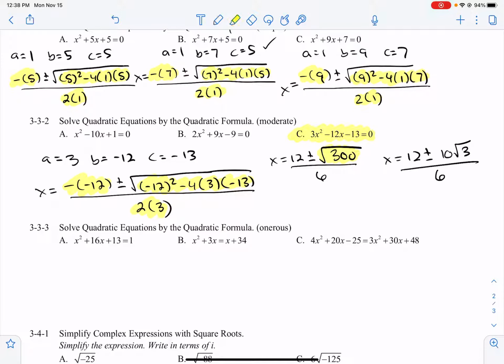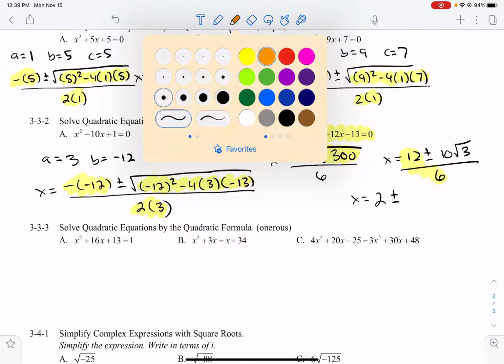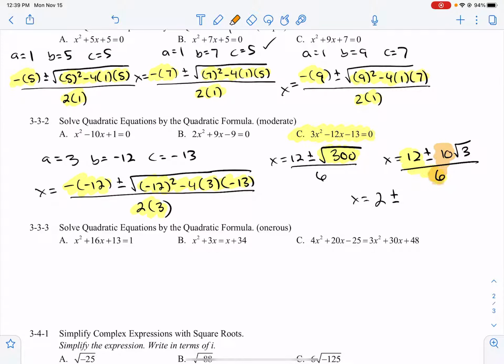In fact, they simplify separately. So 12 over 6, 12 divided by 6, that becomes 2, plus or minus. But 10 divided by 6 becomes 5 over 3. And then I end up with a root 3. So you could write it that way.